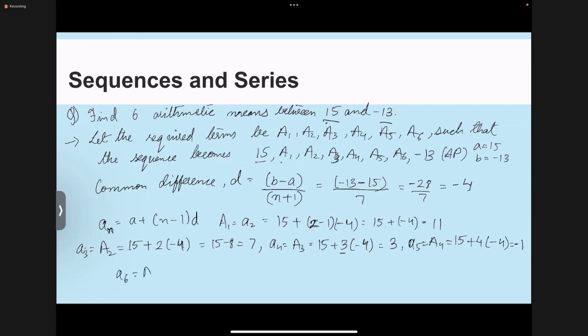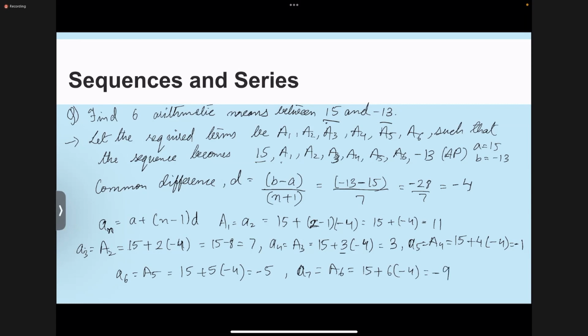A5 is 15 plus 5 into minus 4, that is minus 20, so this is minus 5. And your last one, A6, is 15 plus 6 into minus 4, which is minus 24, and 15 minus 24 is minus 9.